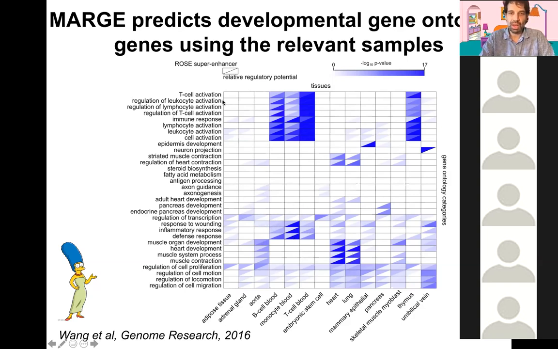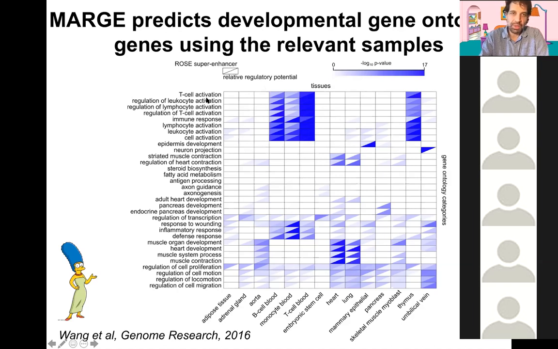So we did an analysis of enrichment of the ROSE super enhancer analysis relative to our regulatory potential analysis. We find that our analysis looks stronger than the super enhancer idea. The lower triangle is our p-value calculation, and the upper is the super enhancer calculation.